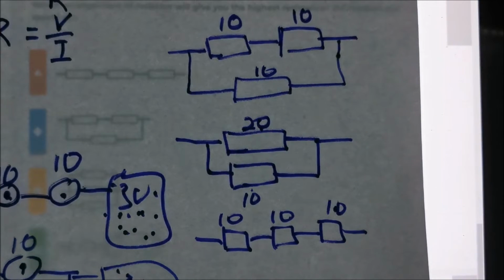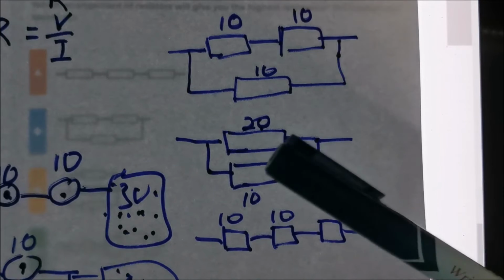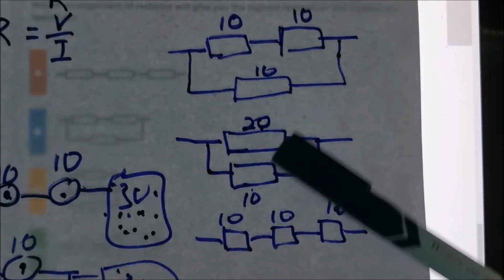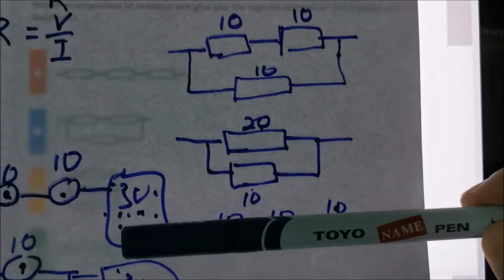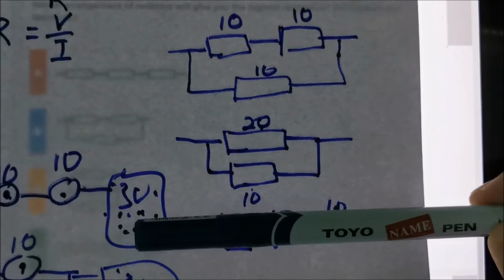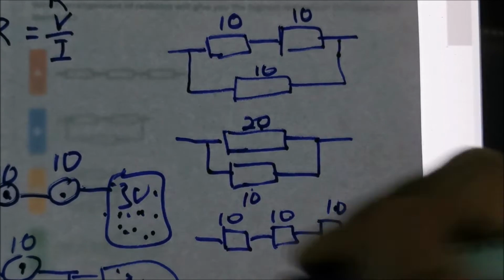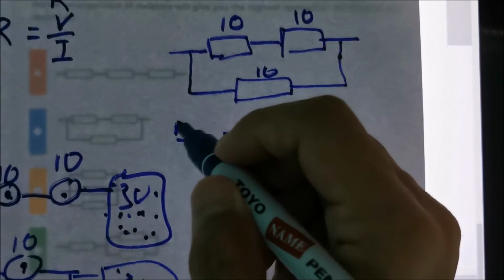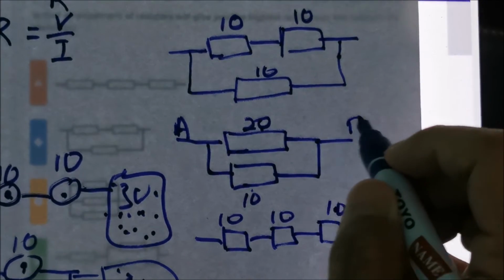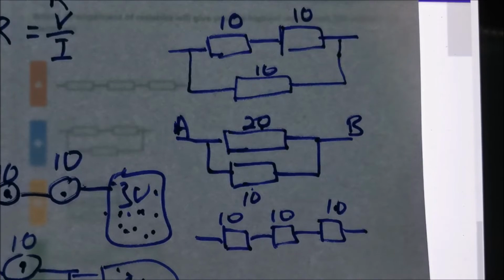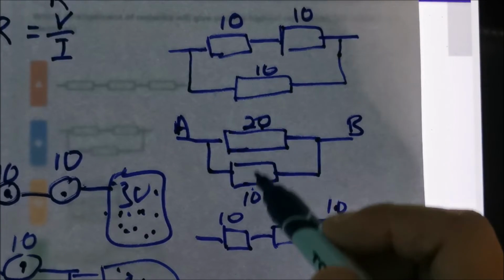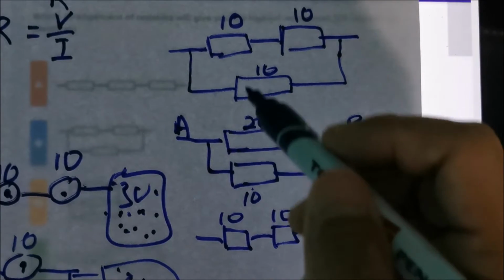Now if you can remember, resistors connected in parallel, resistors connected in this manner, the effective resistance between this point and this point will be lower than the smallest of any branch down here.